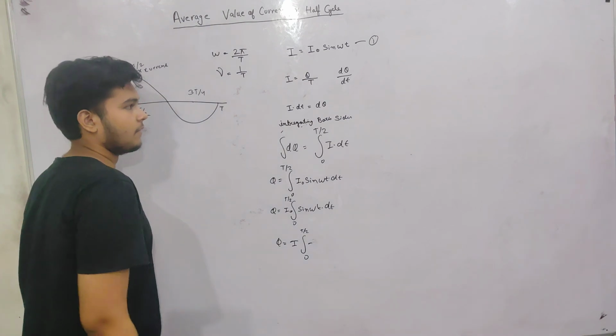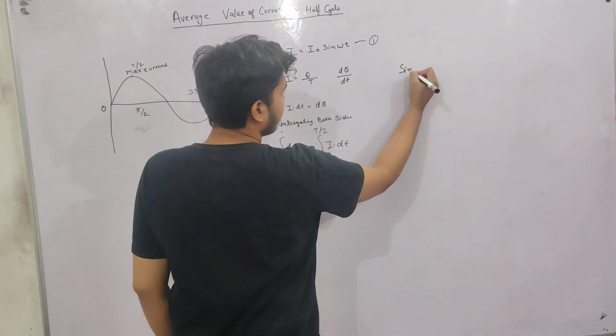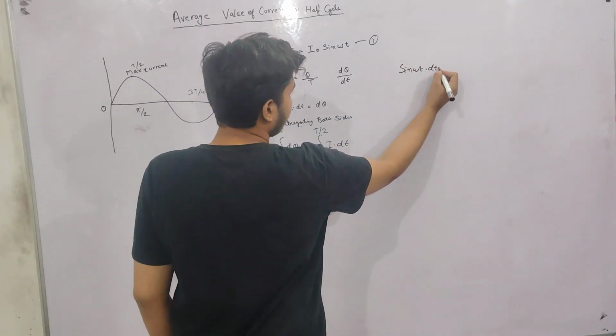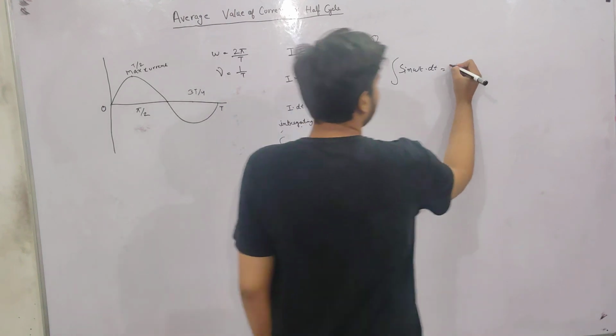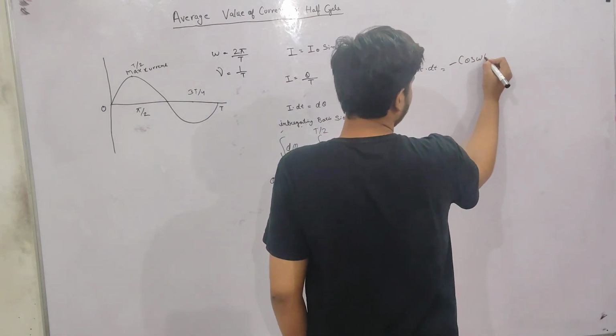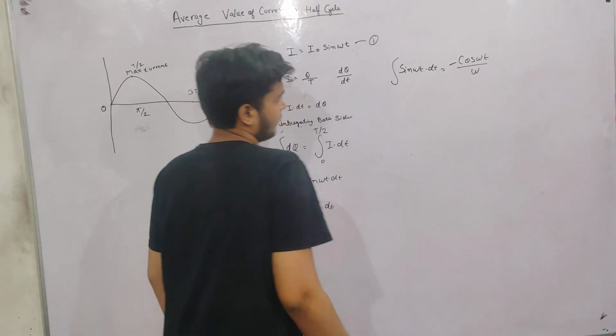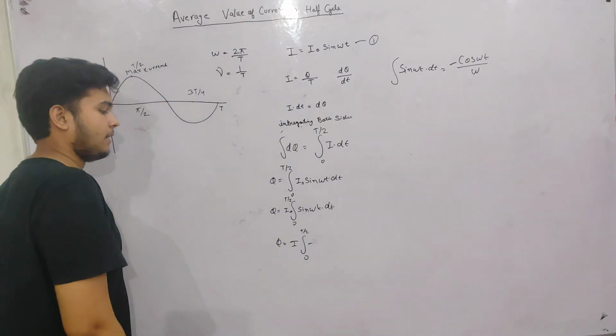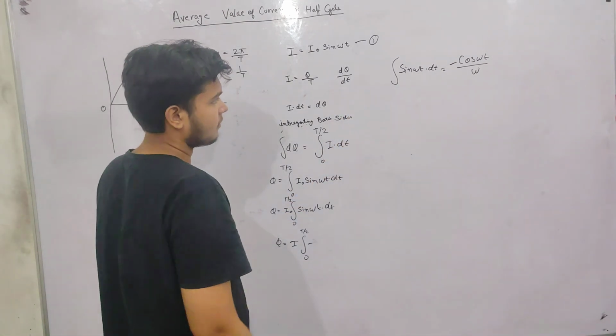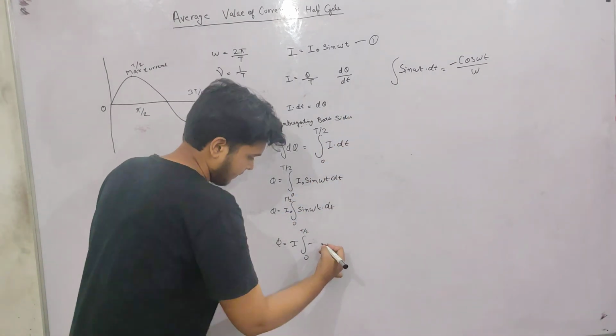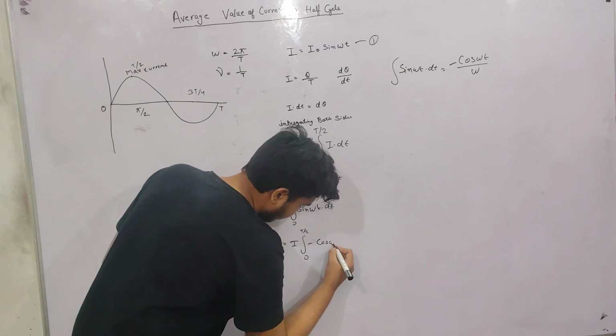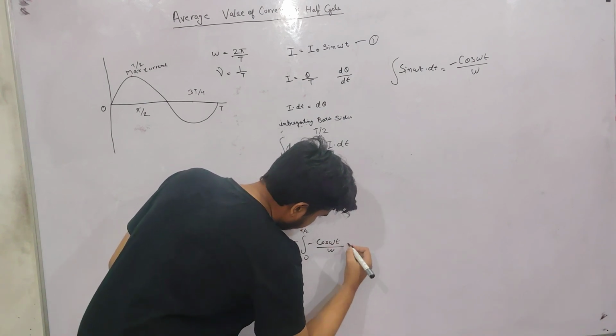Integrating sin omega t dt equals minus cos omega t by omega. In the integration chapter we learned that the integral of sin theta is minus cos theta.